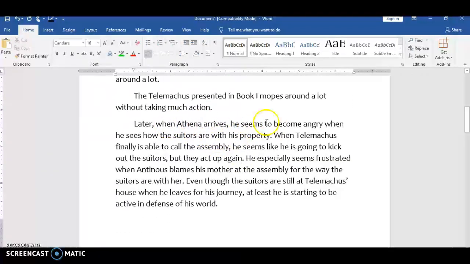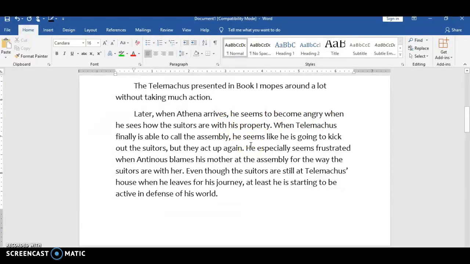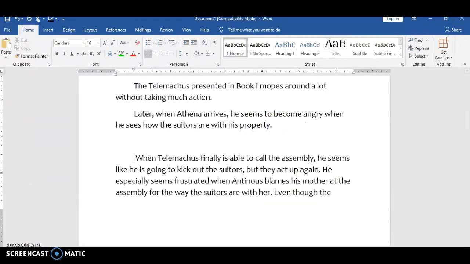Later, when Athena arrives, he seems to become angry when he sees how the suitors are with his property. Sorry about that. Let's see what we can do there. So we have Athena arrives, a good, strong, active verb, but here we've got a linking verb. And those seems are really sneaky because they aren't one of the top 5 linking verbs. And then we've got this infinitive, to become. And we know that those are problematic as well because all you're doing here, seems to become, is extending a linking verb.